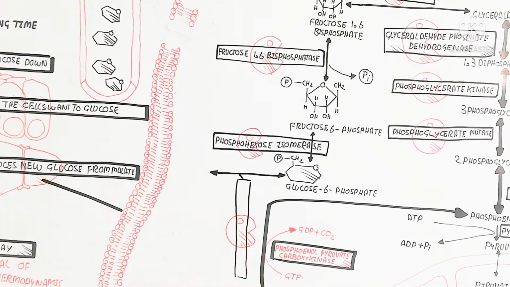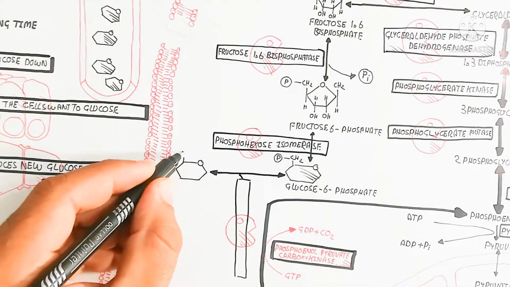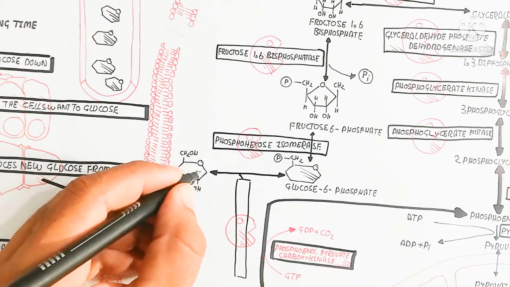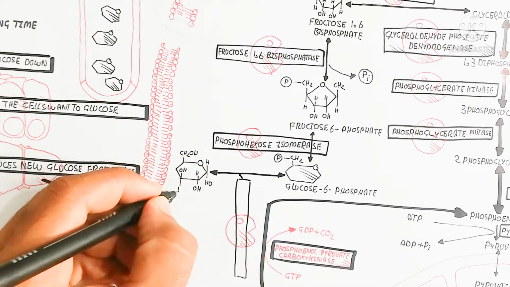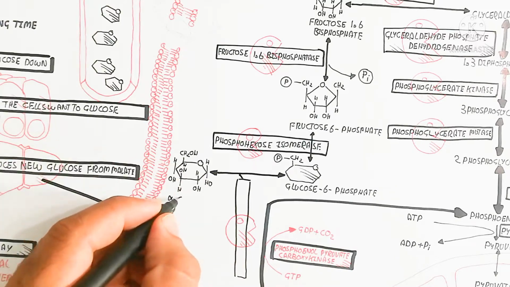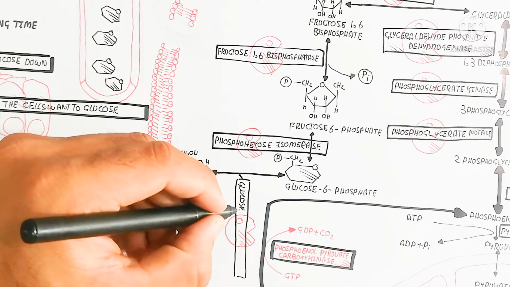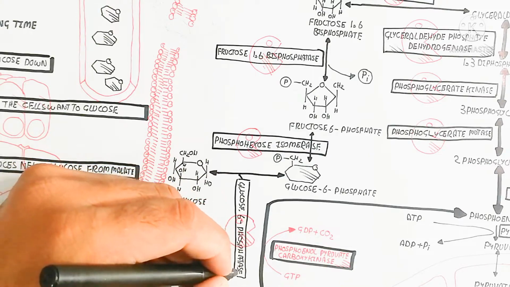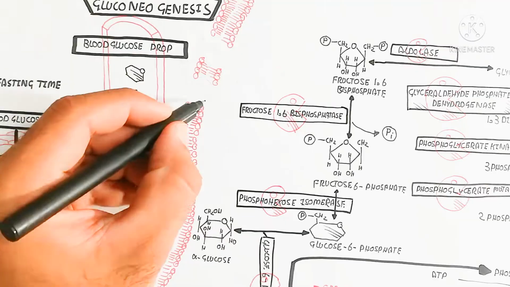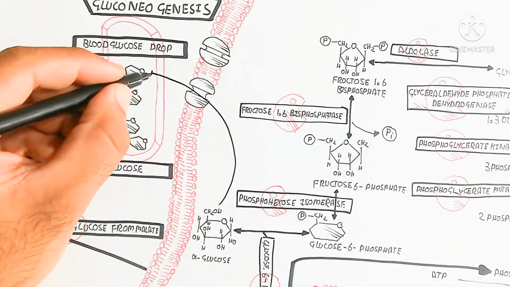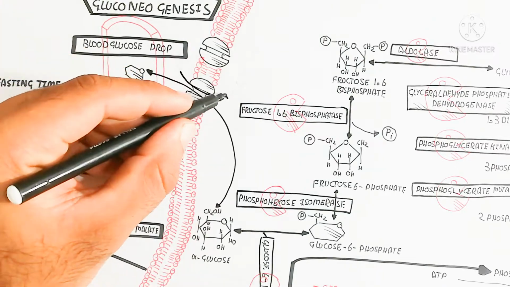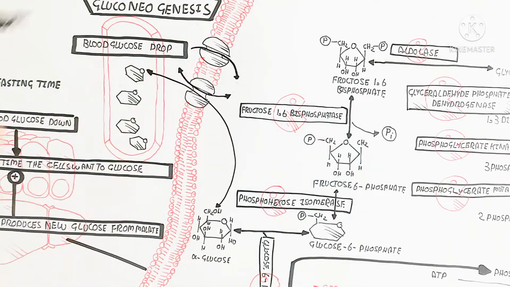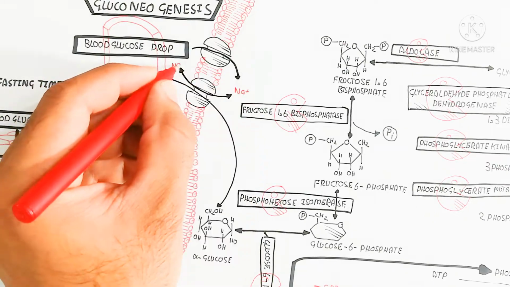And this glucose 6-phosphate will be converted, the glucose 6-phosphatase enzyme is used to remove the phosphate group to form the alpha glucose or beta glucose. In this way, you can see in this diagram to understand, and this will go outside into the blood circulatory system.